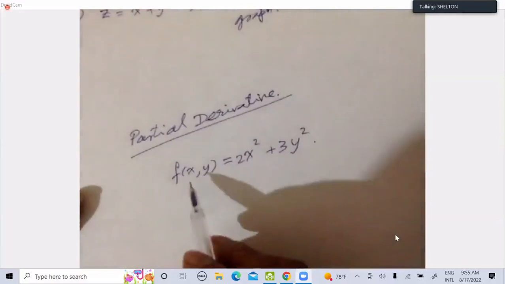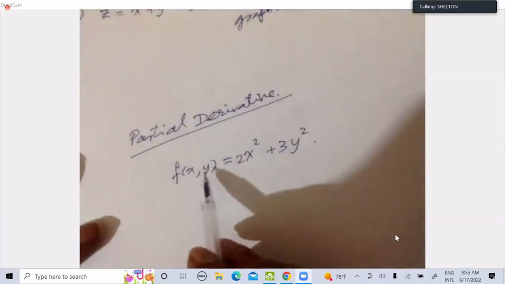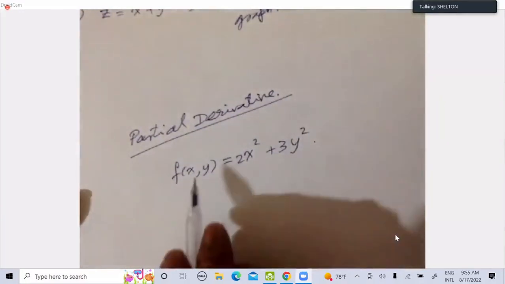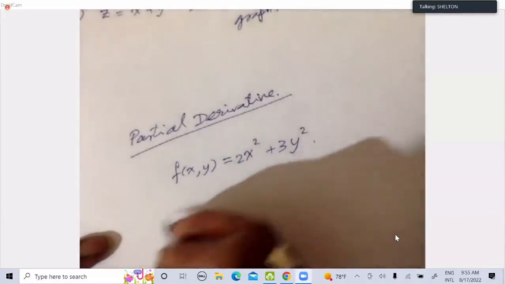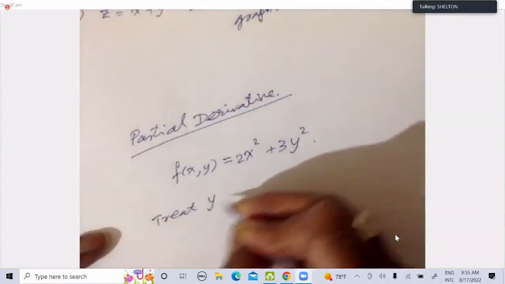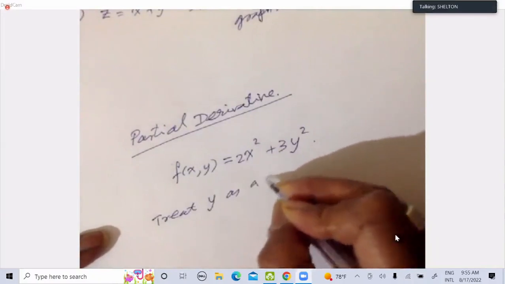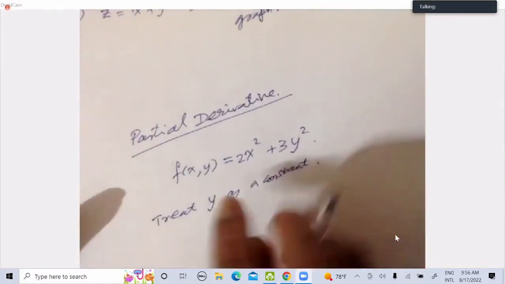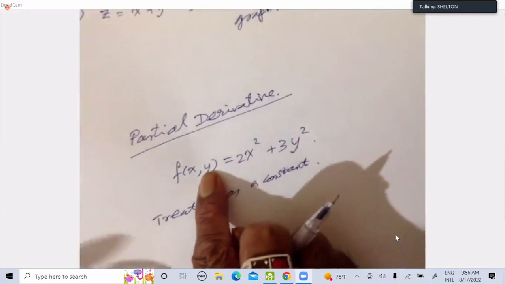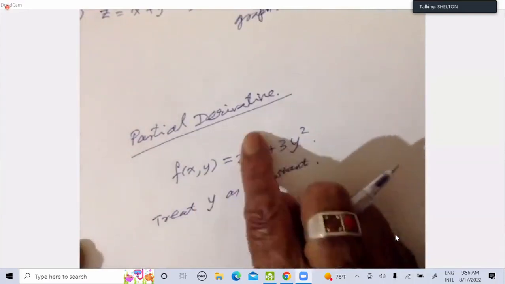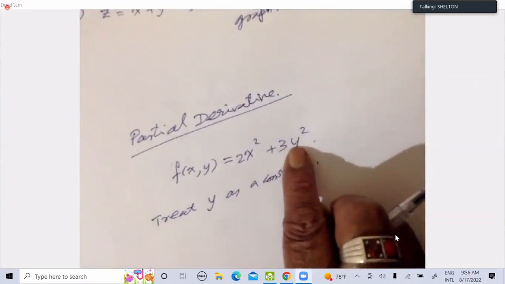Now make x the only variable. You treat y as a constant. Say y is 5, then what do we get? 2x squared plus 75.